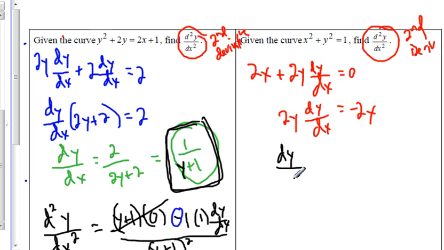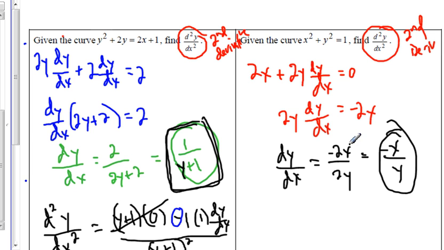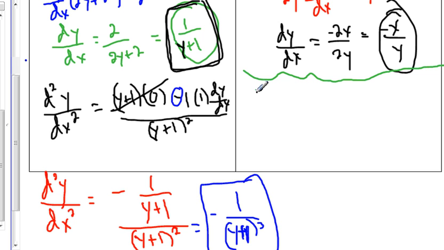So I'm going to divide both sides by 2y. So we get negative 2x over 2y. The 2's are going to cancel out. So negative x over y. That's the first derivative. Now we have to take the derivative of this. So that is the second derivative, and again, it's taking the second derivative of y with respect to x.